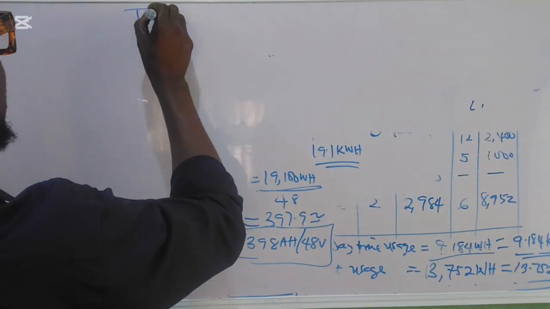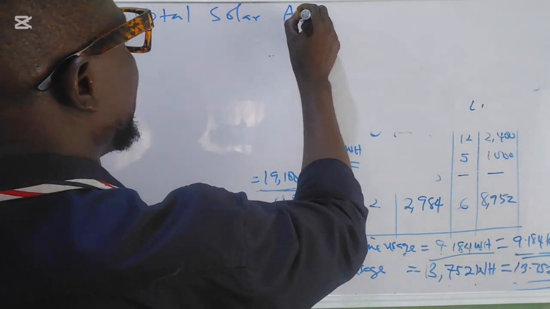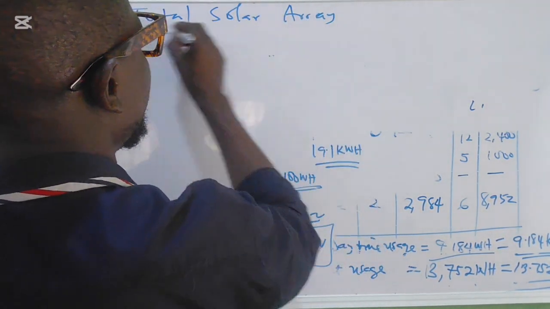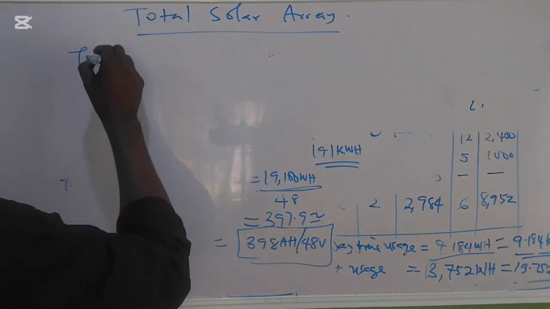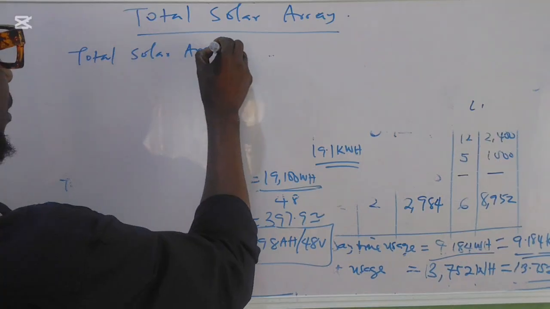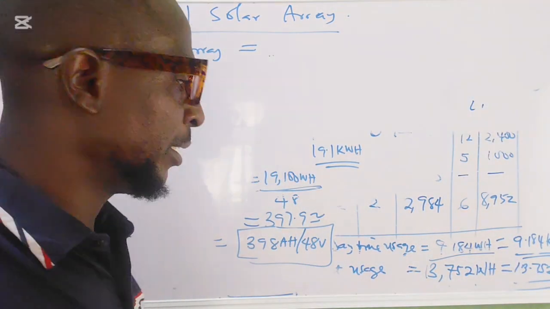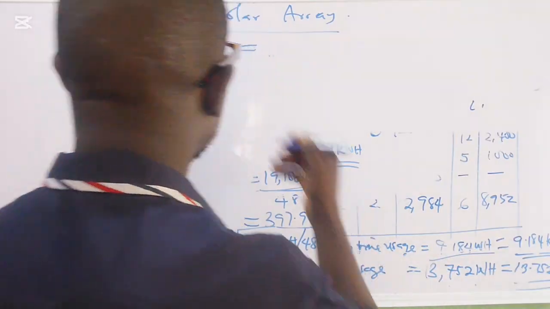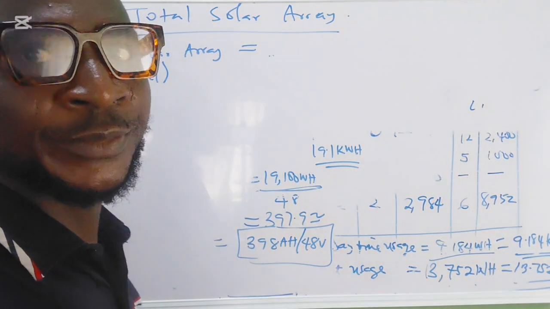We say total solar array, and the formula for total solar array is equal to the daytime load. The total solar array is in watt.